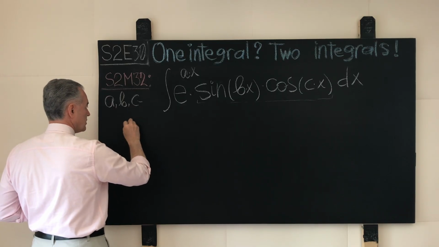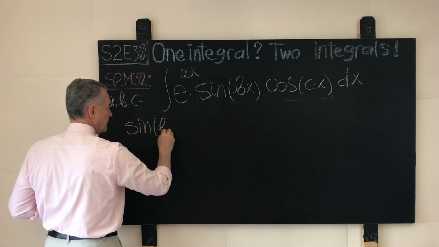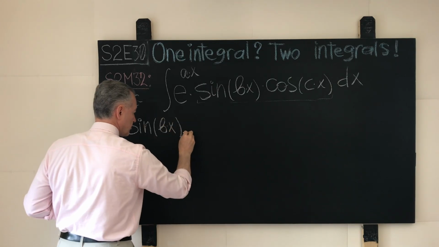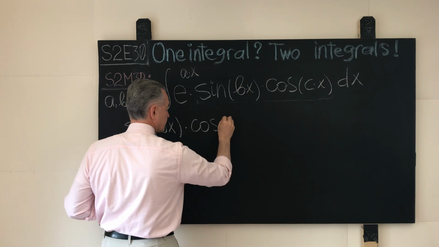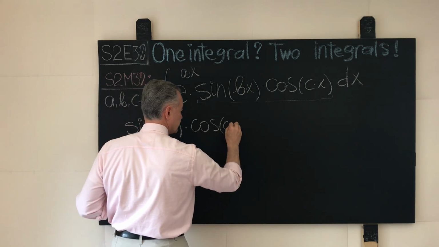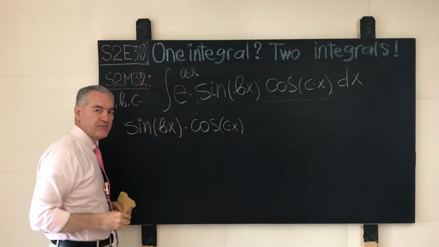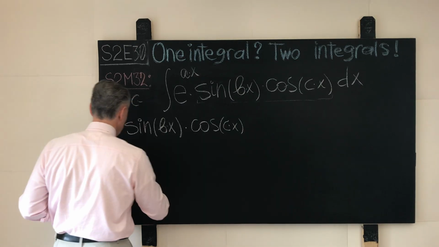So this is the trigonometric function of sine evaluated at b times x, the argument, times the trigonometric function of cosine evaluated at c times x. That was the hint from the previous segment. If that did not help, then let me do it again.